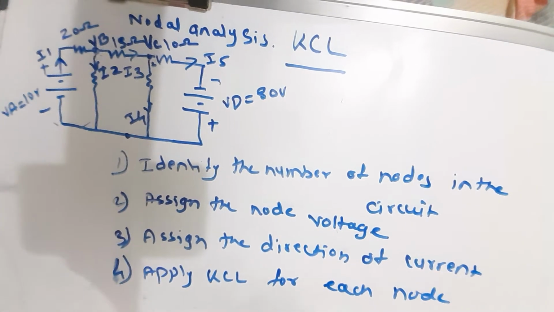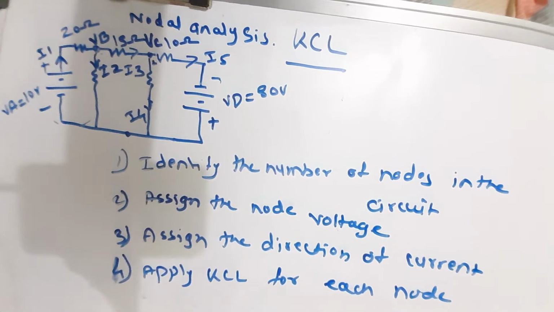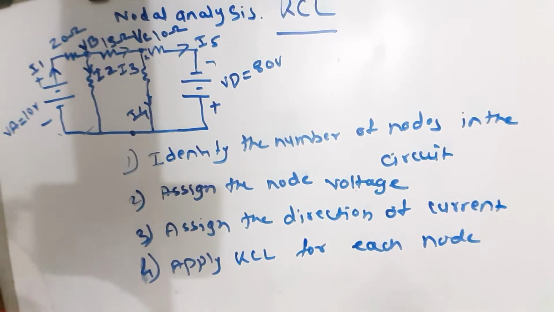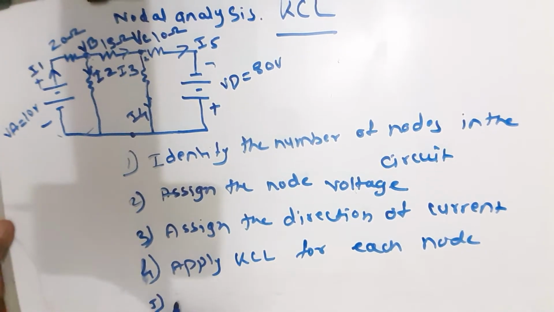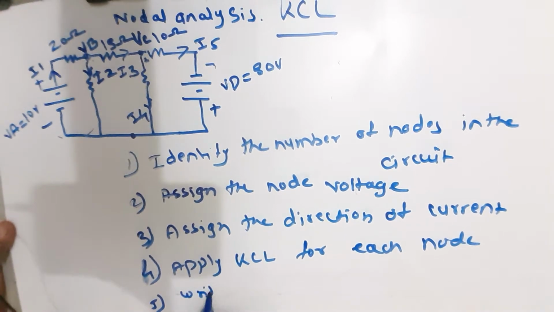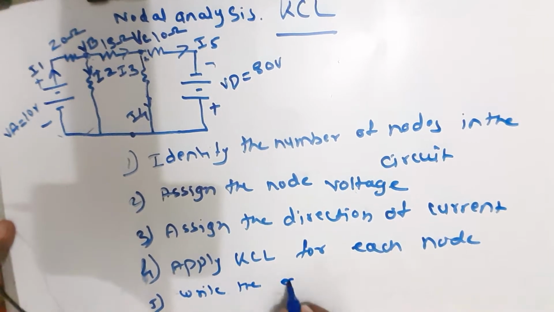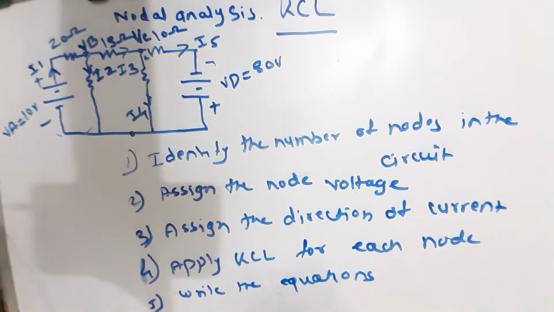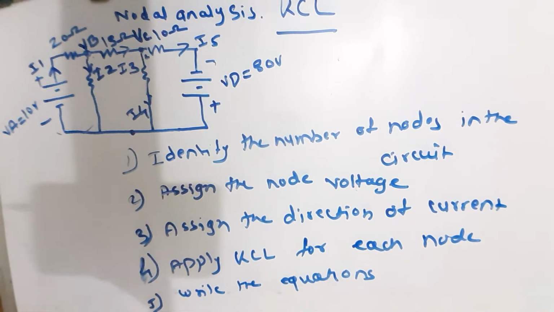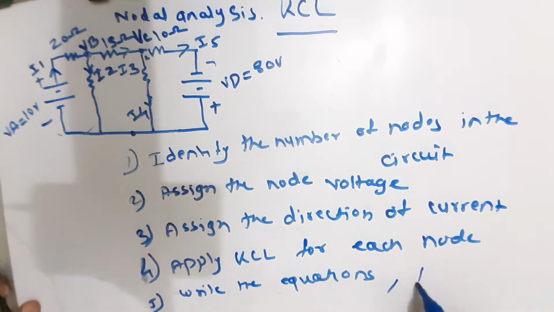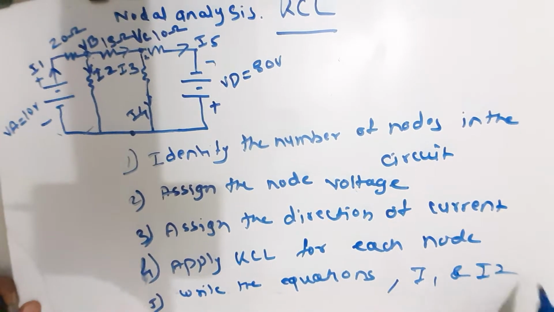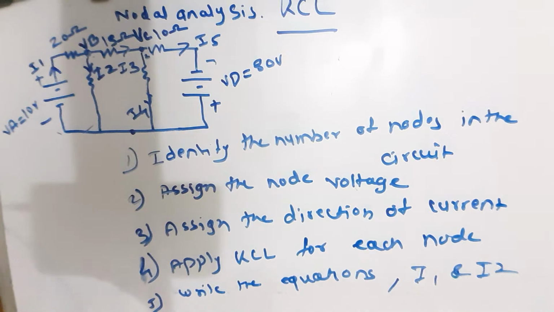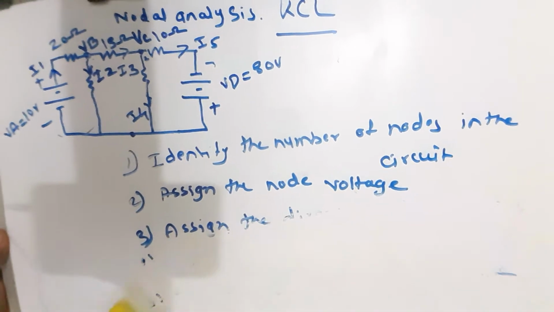I will explain what KCL is, and after applying KCL at each node we have to write down the equations. We have to write down the simultaneous equations, and find the values of I1 and I2.